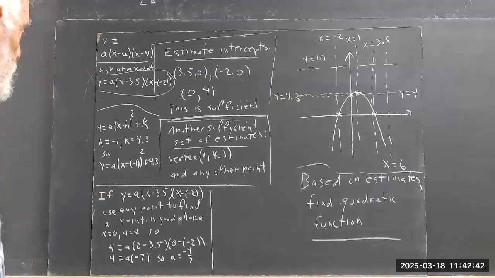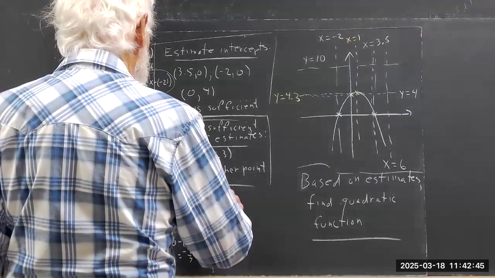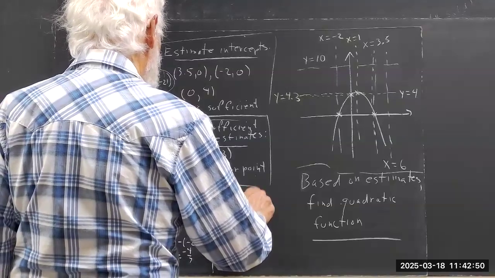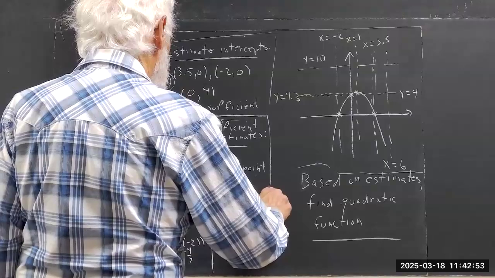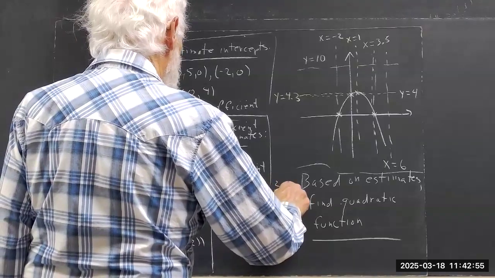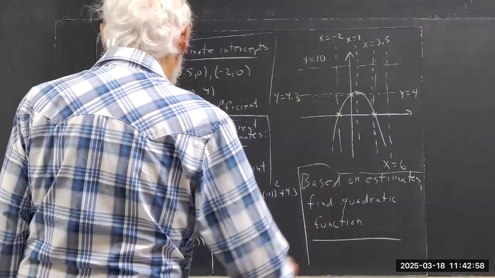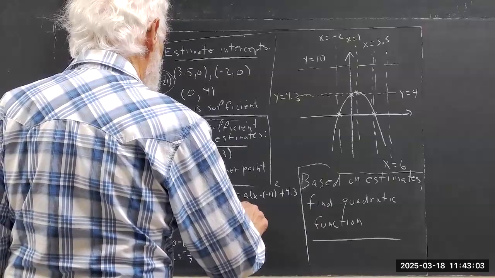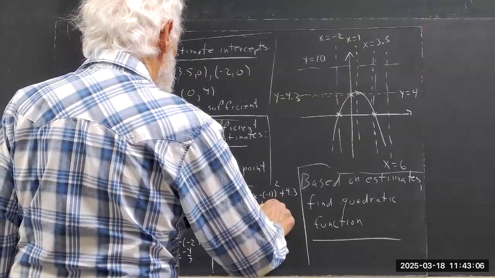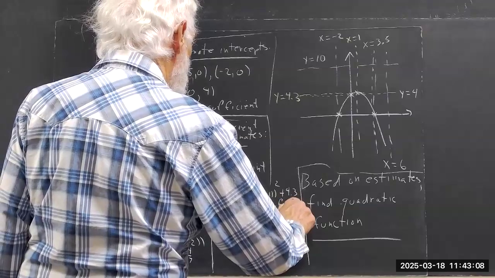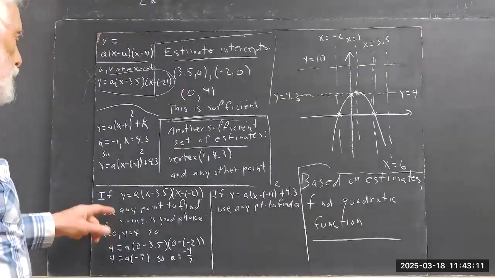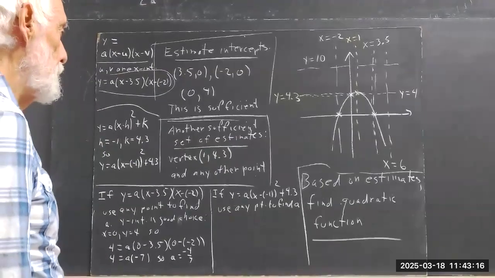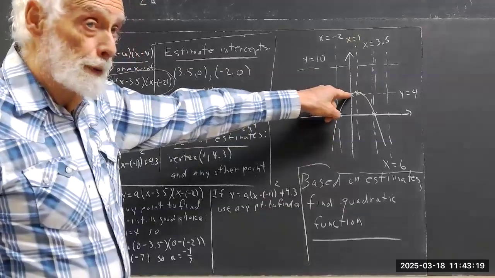Okay, so if y equals A times x minus -1 squared plus 4.3, as I wrote before, use any point to find A. Okay, what point do you want to choose? Well, you can choose the y-intercept.